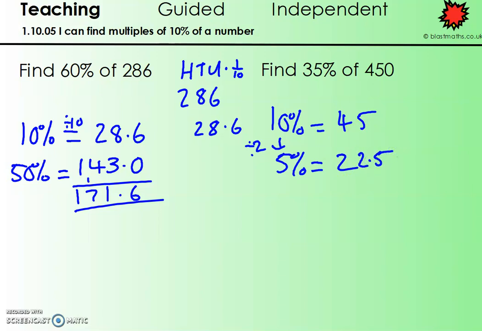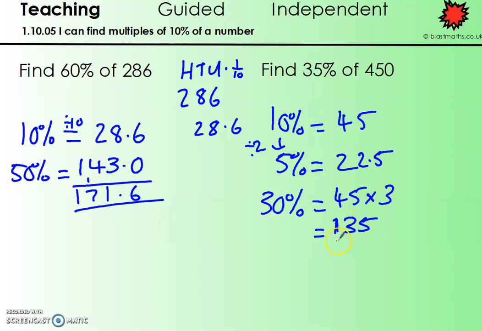And I want 35%, so I'm going to work out 30% here, and the way I do that is take 10% and times that by 3, because I want 3 lots of 10%. So that then is 40 times 3 is 120, and 5 times 3 is 15, so I get 135.